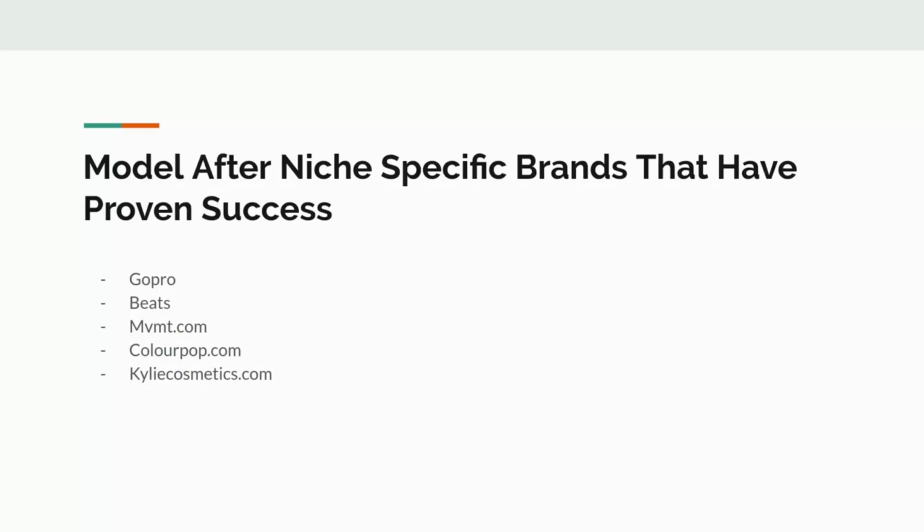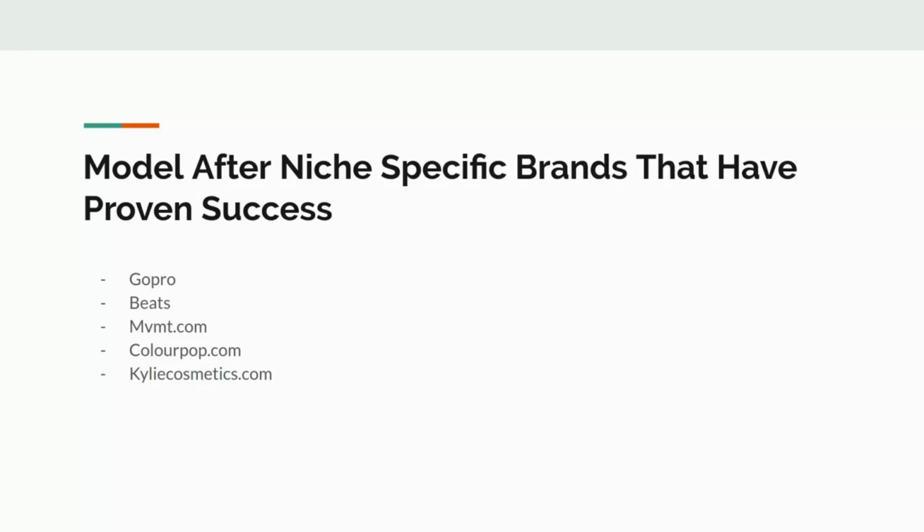So a few good ideas are GoPro, obviously, is a very niche specific business. They sell action cameras that are waterproof and, hold on, everybody knows what GoPro is. I'm not going to go into details, but that's a niche specific business and a brand that you can model after if you wanted to sell cameras. If you want to sell headphones, you could model after Beats.